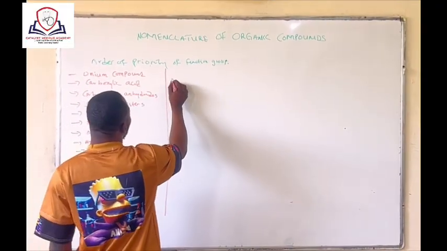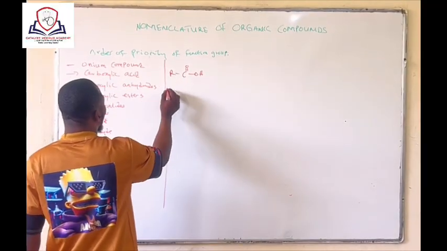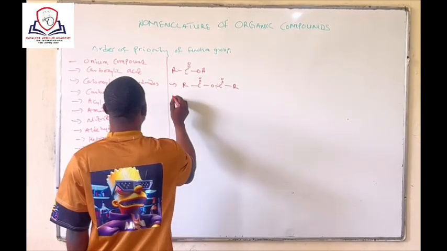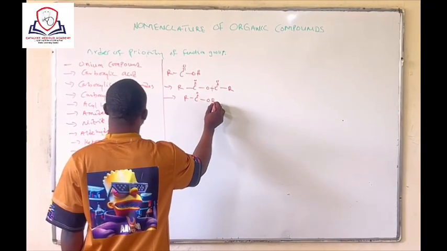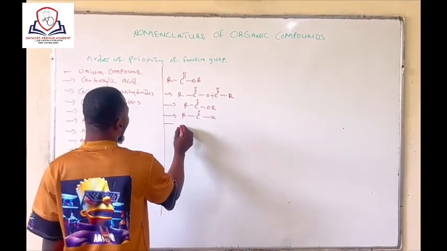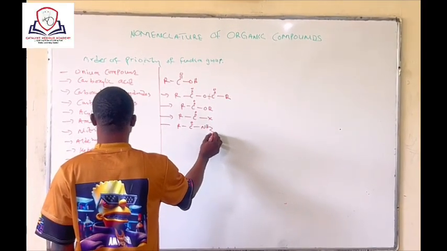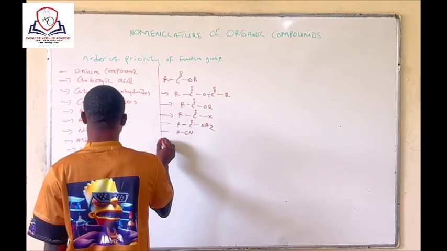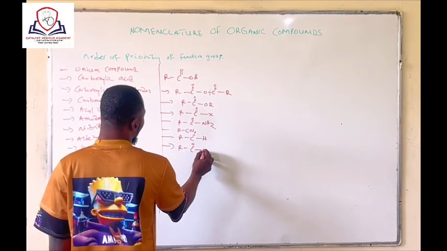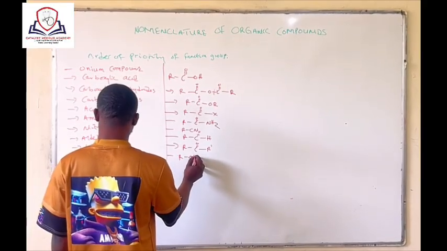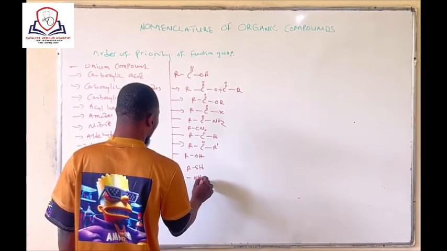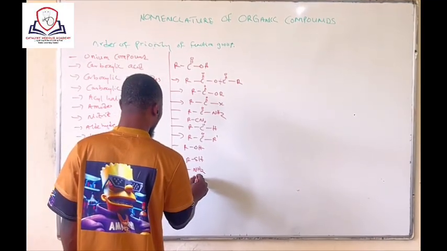Carboxylic acids, carboxylic anhydride, carboxylic esters, acyl halide, where X stands for halogens, amide, nitrile, aldehyde, ketones, alcohol, thiol, amine, imine, ether.